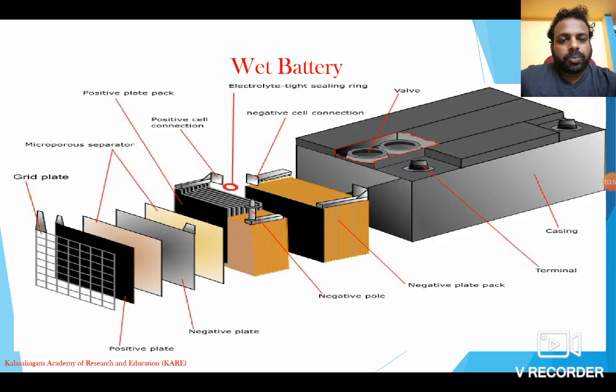In most automobiles we use wet batteries for starting the vehicle as well as for other electric and electronic accessories. The wet battery has a liquid electrolyte, which may be hydrochloric acid or sulfuric acid. It has positive and negative terminals, positive electrode and negative electrode, separators, cell, and grid plate.